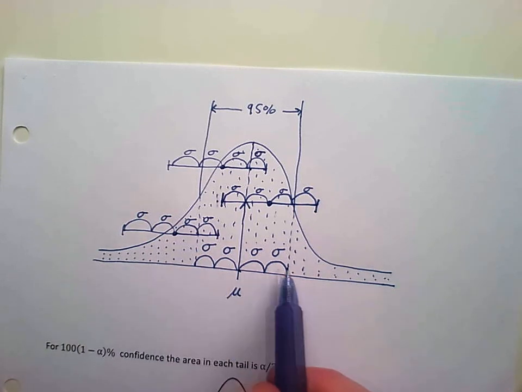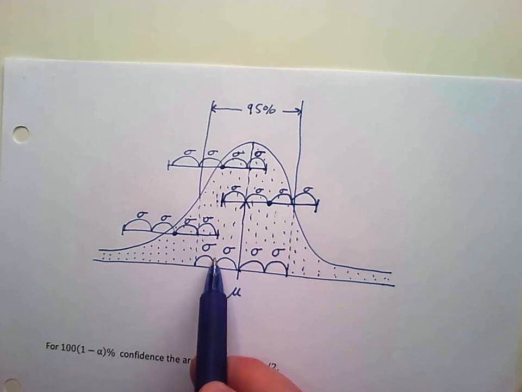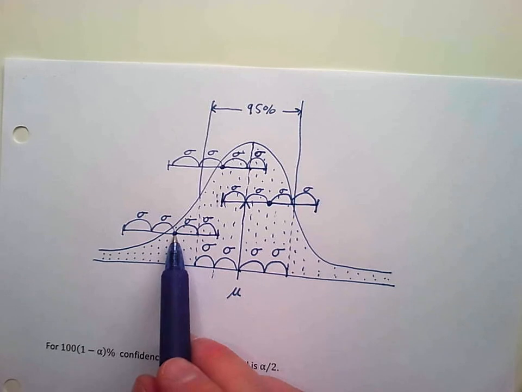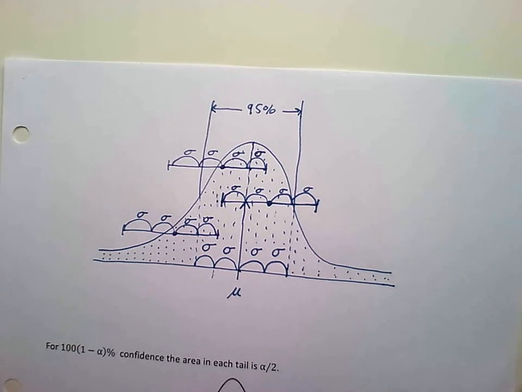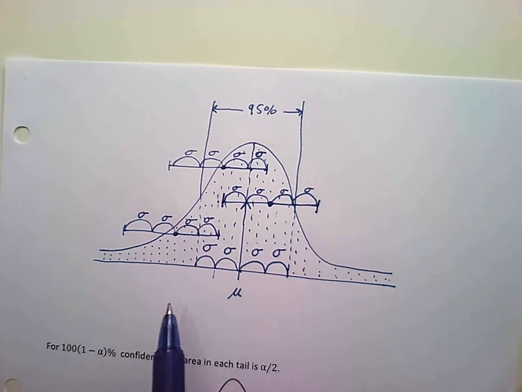Again, think about this as a number line. This interval on the number line does not extend all the way up to mu, so therefore whatever value this is right here, this interval is not going to contain the value mu.